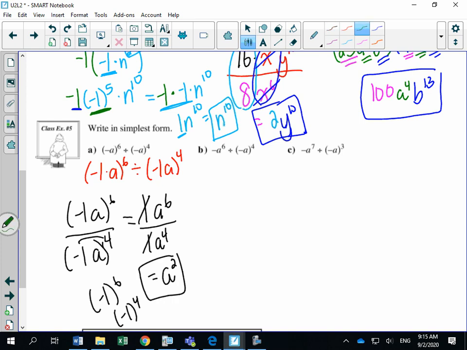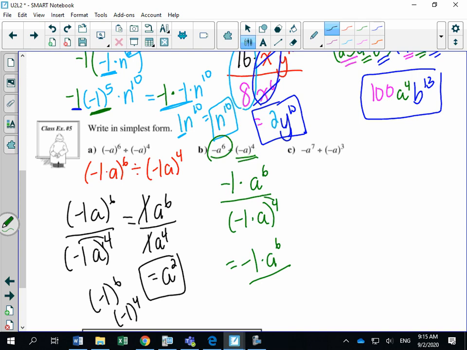B, what I have here, there's no brackets, so that's -1 times a to the 6 divided by, there's a bracket here, so this would be -1 times a to the power of 4, right? So that negative is always going to be a -1, and that 4 applies to that -1. Okay, so in my numerator, what I'm going to have is -1 times a to the 6.